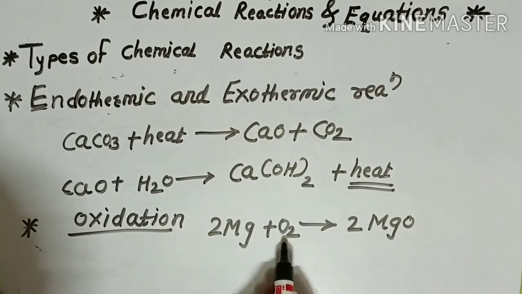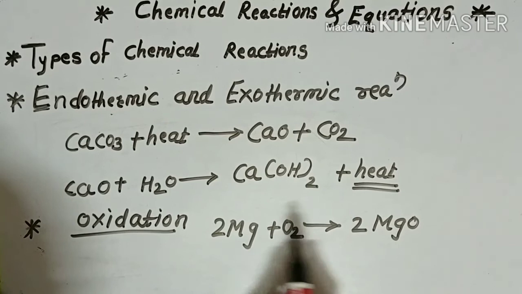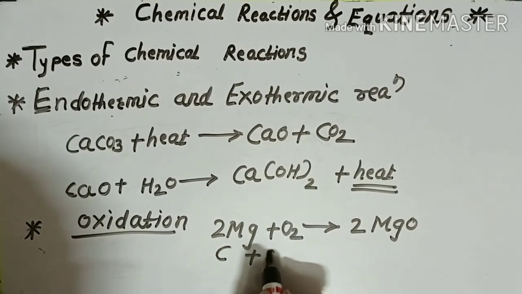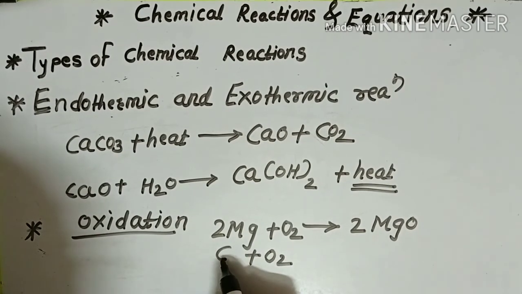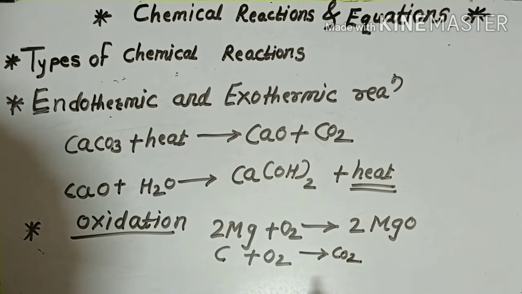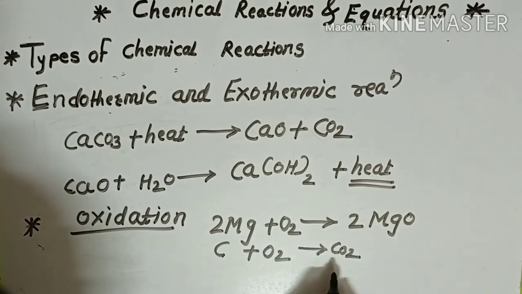Means there is a combination of oxygen with Mg and a new product is formed. Suppose C plus O2, again combination of oxygen with the carbon. There is a formation of CO2. So this type of reaction is also called an oxidation reaction.